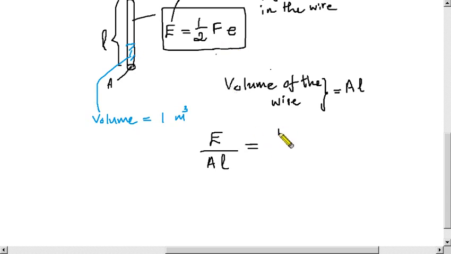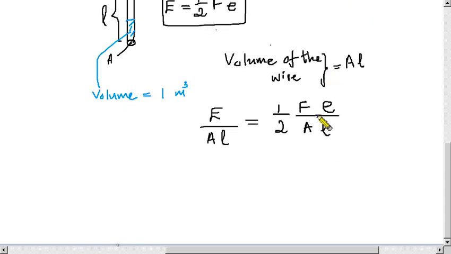So energy is half Fe. So we have to divide it by A L. So this part is stress, F divided by A is stress. Then what is this part? Strain.